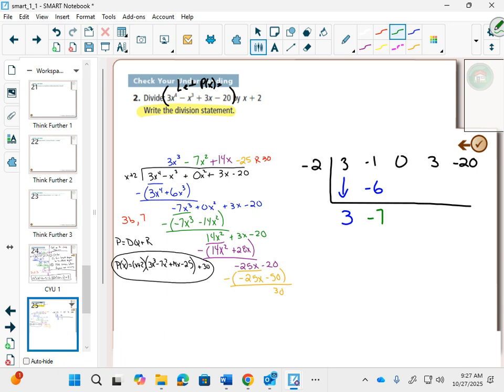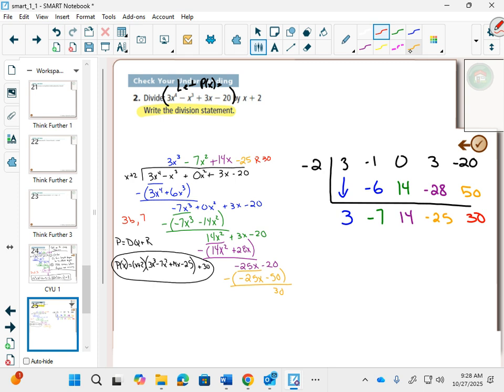Then I'm going to write 14 here and get 14. Then I'm going to write negative 28 there and get negative 25. And finally, I'm going to write a 50 there and get 30.